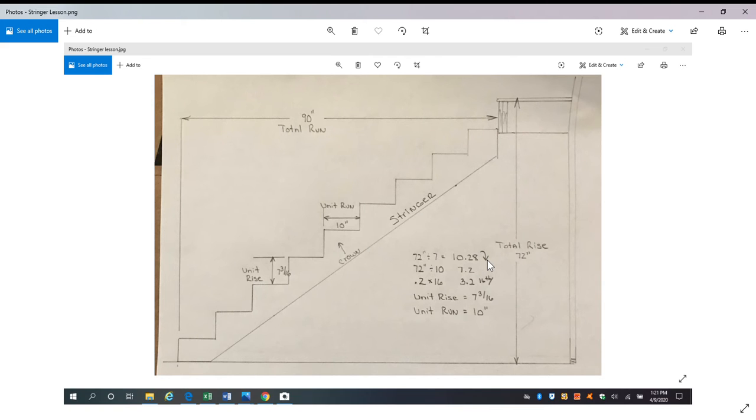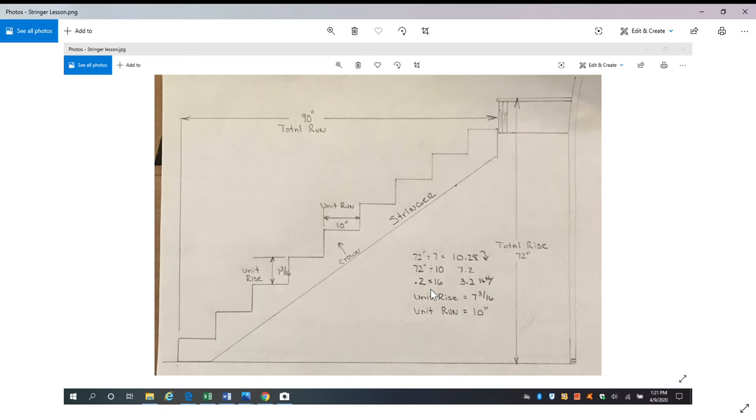Anything that is 0.50 or less, I'd round down, so certainly at a 0.28, we're going to round that down to 10 risers. Now to calculate the actual measurement, you take your 72, your total rise, divided by 10 risers, and that comes to 7.2. Normally we would use our conversion chart or our framing square to find out what 0.2 would be as a fraction.